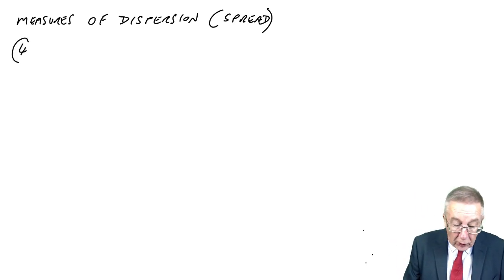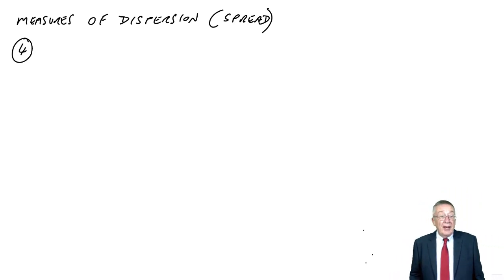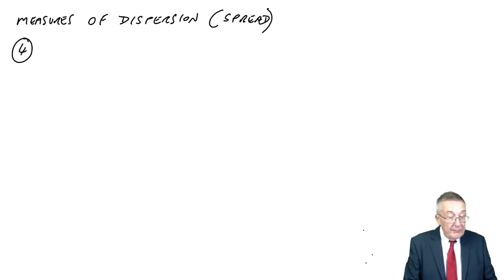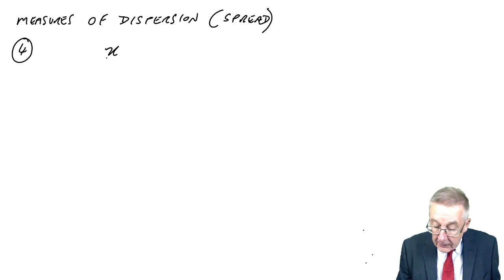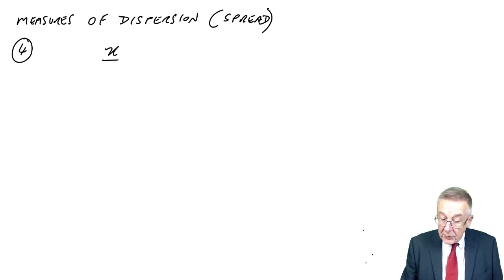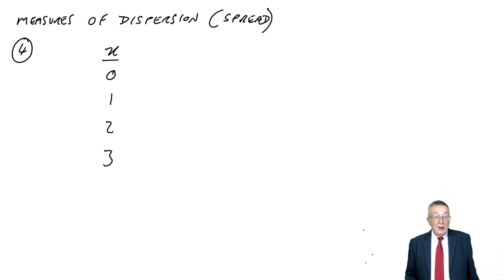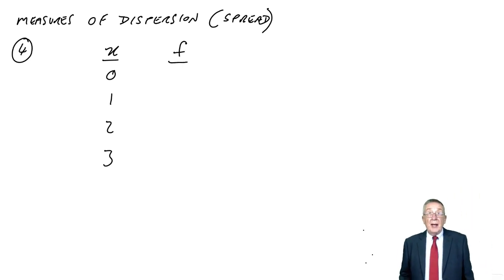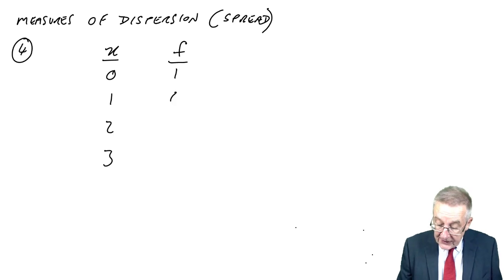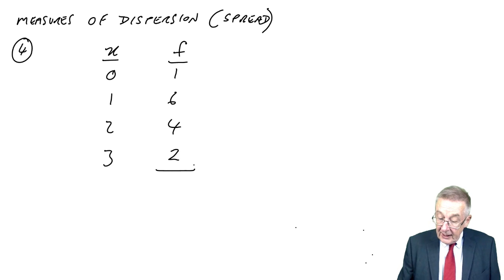First of all, example 4, discrete variables, where we're looking at the information in example 2, where we had the observations, number of complaints, 0, 1, 2, and 3. And the frequency, the number of weeks in which we had each number of complaints: 1, 6, 4, and 2.